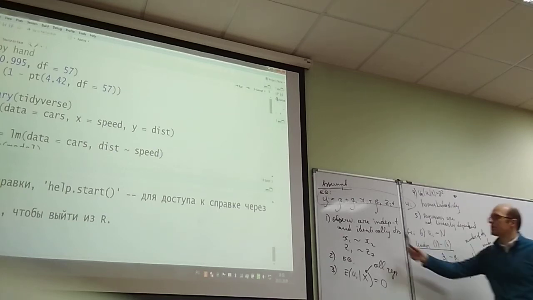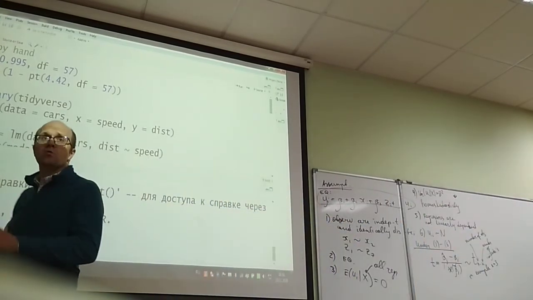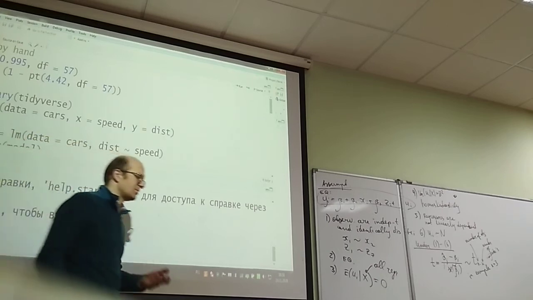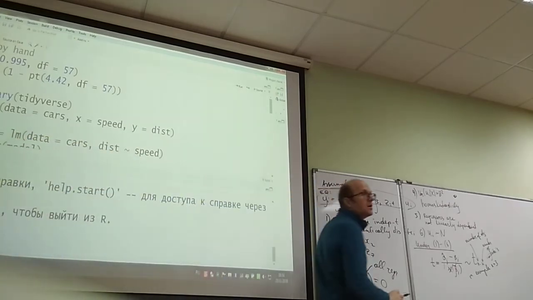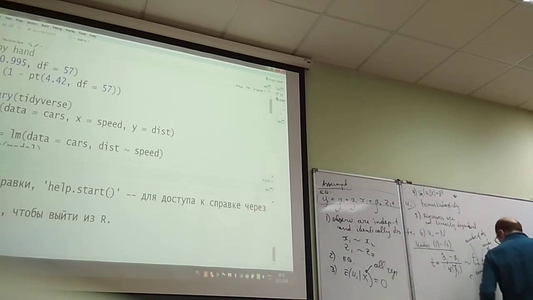So the first beta is counted as an honest full parameter, because sometimes in some books it is not. Standard error of beta hat, SE means standard error, it's an abbreviation. Okay, that's in the denominator.